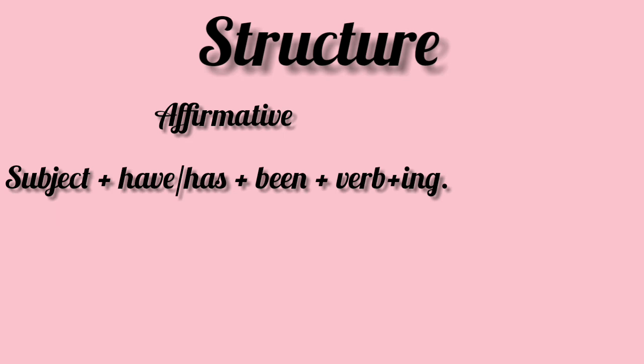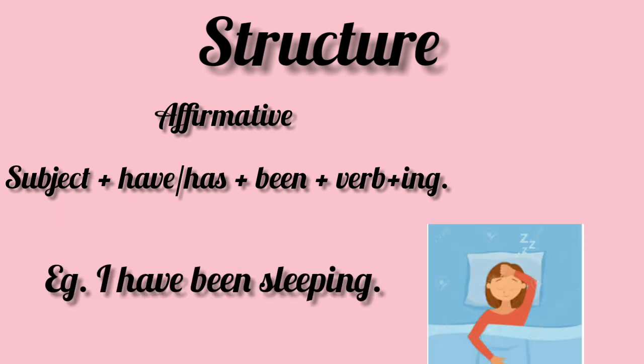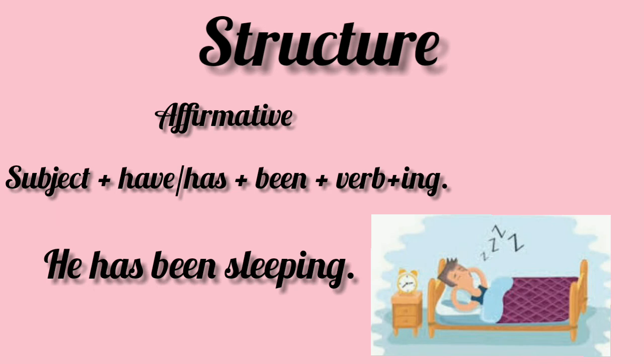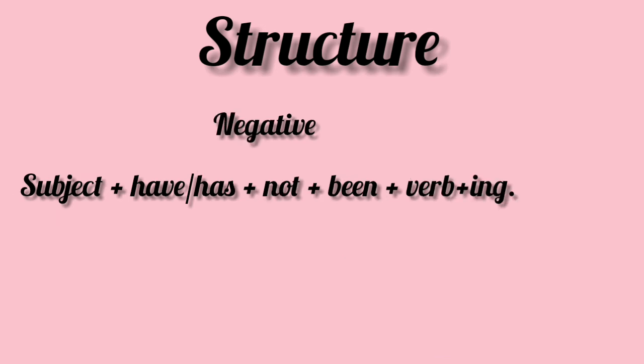The structure to write affirmative sentences for present perfect continuous tense is subject plus have or has depending on the subject plus been plus verb in the ing form. For example, I have been sleeping, you have been sleeping, he has been sleeping. The negative sentences are written as follows: subject plus have or has plus not plus been plus the verb plus in the ing form.